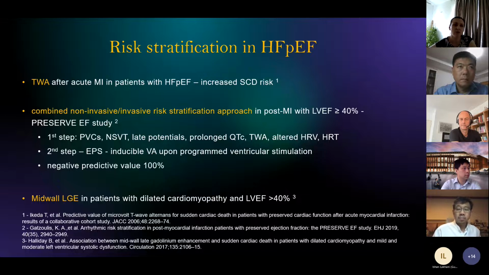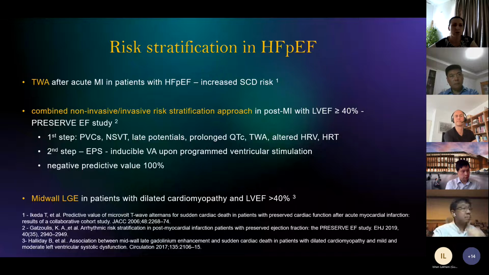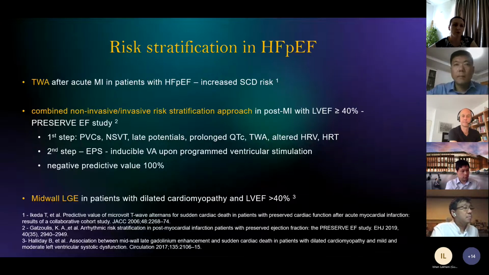T-wave alternans was associated with increased arrhythmic risk in a prospective study in HFpEF patients with MI. The PRESERVE study showed that the combined non-invasive risk stratification approach in patients with HFpEF, with mildly reduced EF and HFpEF patients with MI, might be useful, with a negative predictive value of 100% following this two-step approach.